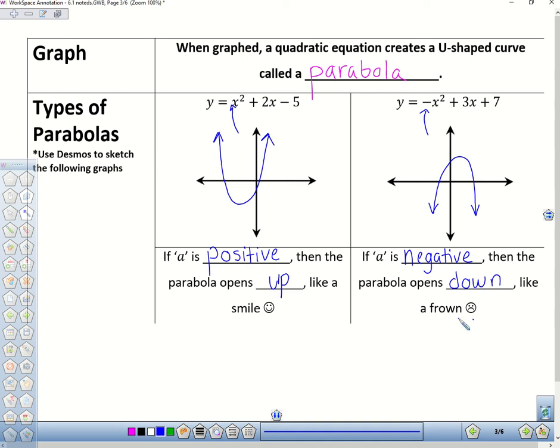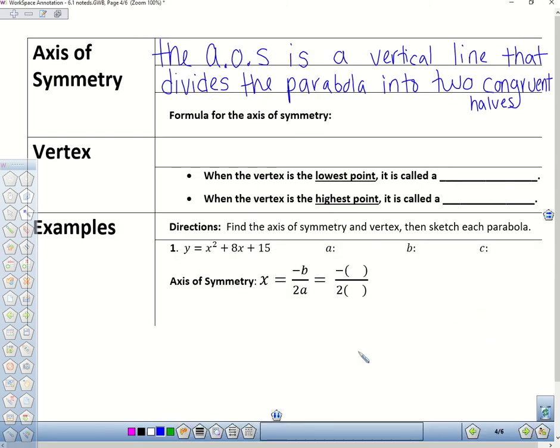So, moving on to the next section of the notes. So, what is the axis of symmetry? Well, the axis of symmetry, often abbreviated as AOS, is a vertical line that divides the parabola into two congruent halves.